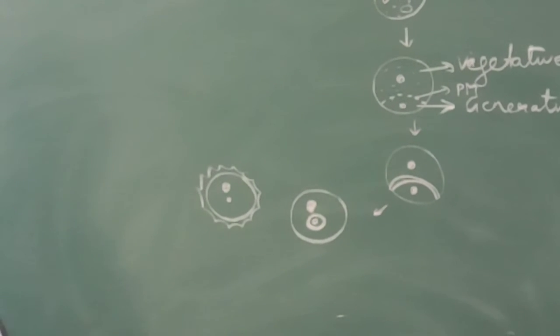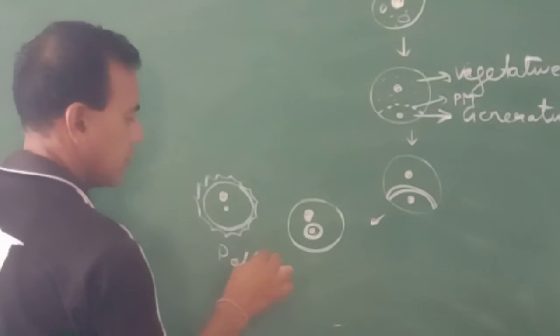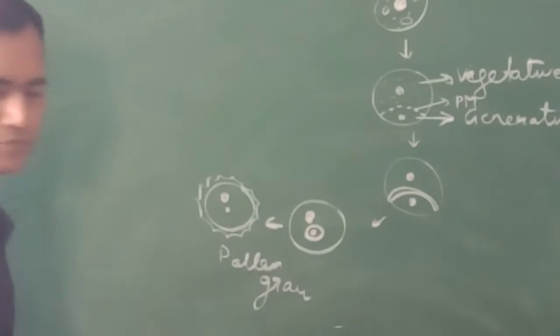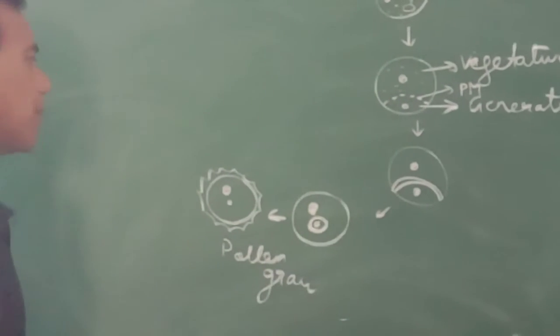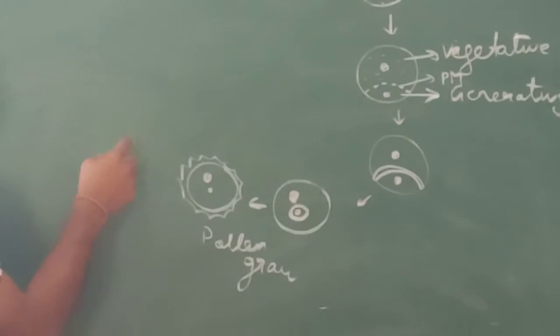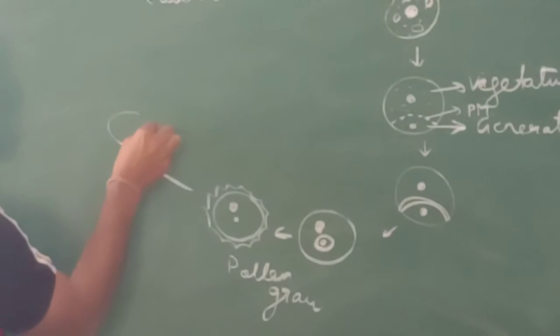Now this pollen grain is a 2-nucleate structure, and in some plants this stage is further converted into a 3-nucleate stage, like this.